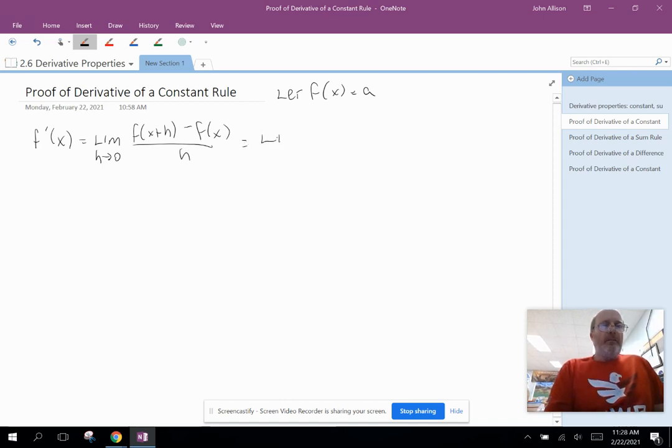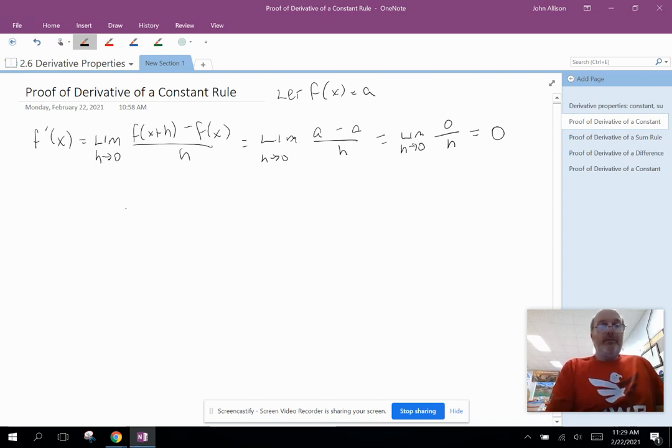Well, the limit as h goes to 0, f of x plus h, if f is a constant function, it means it doesn't change the value regardless what x is. So f of x plus h is a, and f of x is a. So I have a minus a over h when I plug in for f of x plus h and f of x, which is the limit as h approaches 0 of 0 over h. Well, regardless what h is, this equals 0. So this is just 0.